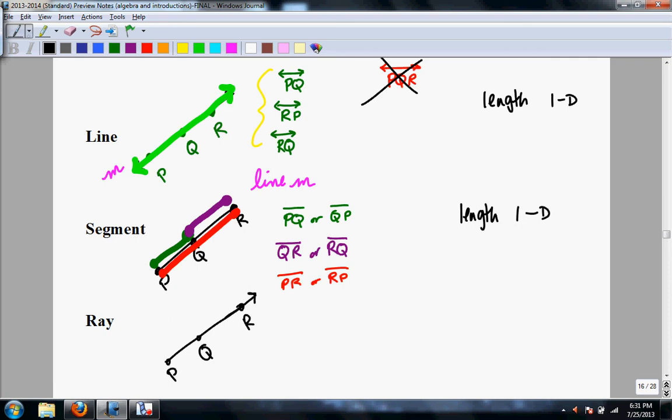I only need 2 letters. All of these would be correct. I could call this ray PR, and I put the ray to the right. I can name the same ray here QR.